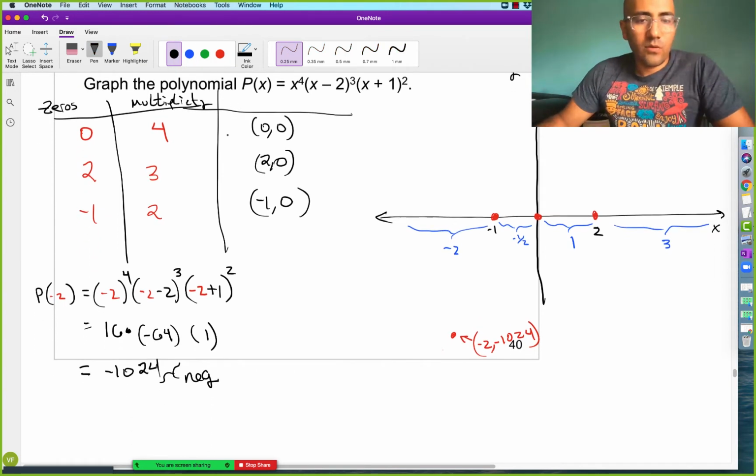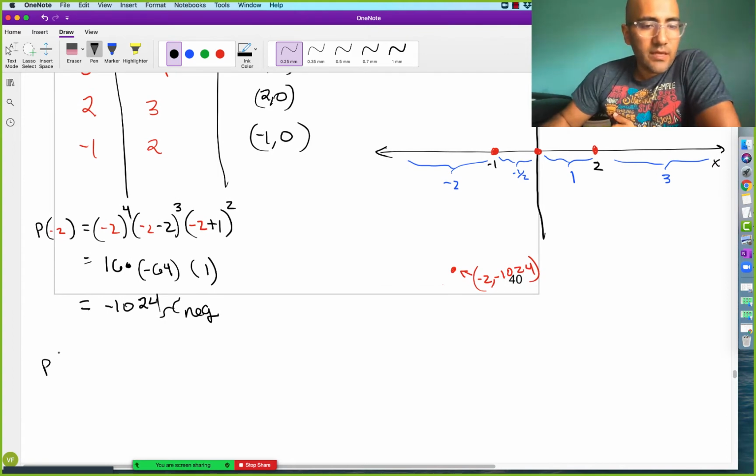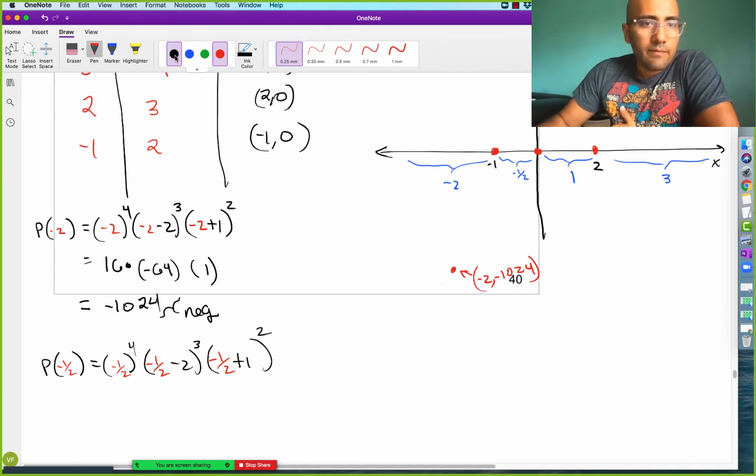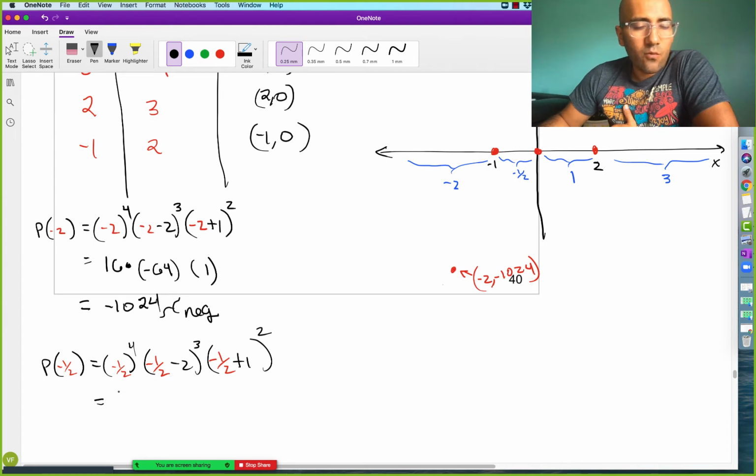So -1/2. P of blank equals blank to the 4th power, blank minus 2 to the 3rd power, blank plus 1 to the 2nd power. Now I'm going to plug in those -1/2s everywhere. -1/2, -1/2, -1/2, -1/2. Okay, and all right, well that's going to be +1/2 to the power of 4, which is going to be +1/16.